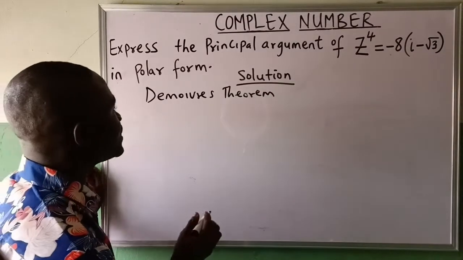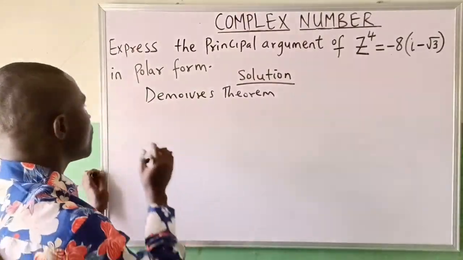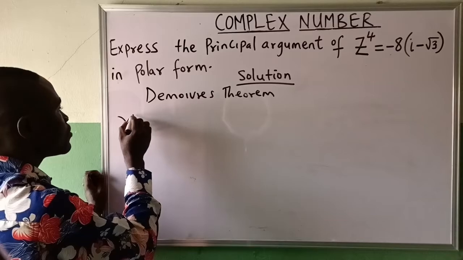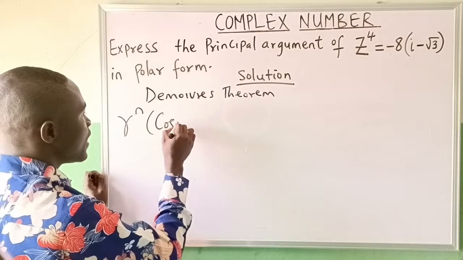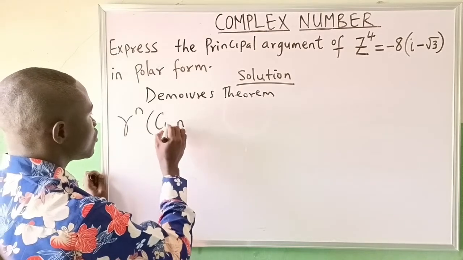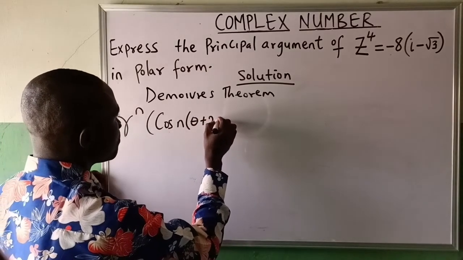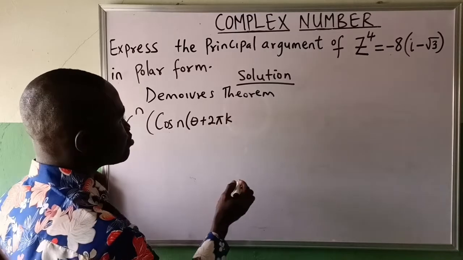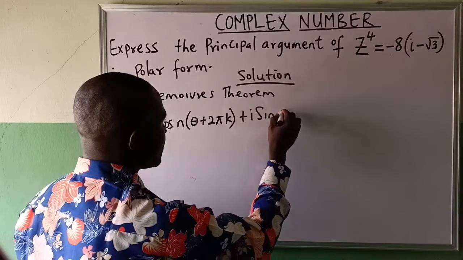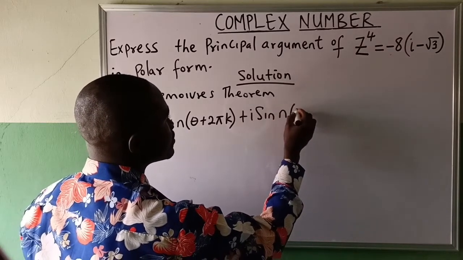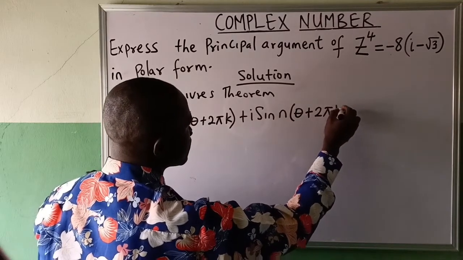This theorem states that if you want to express any complex number in polar form, what you do is you say r raised to power of n, bracket cos n bracket theta plus 2 pi k, plus i sin n bracket theta plus 2 pi k.